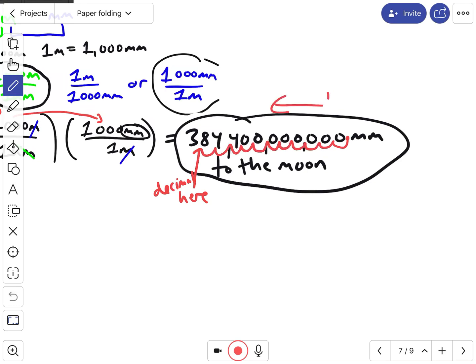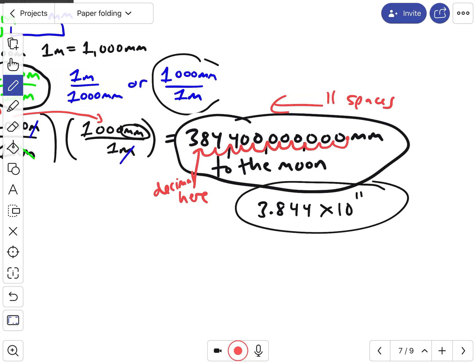So we moved 11 spaces to the left. So in scientific notation, we want the decimal after the first number, with the other numbers, times 10 to the, and it took 11 spaces. So that's going to be a positive 11.